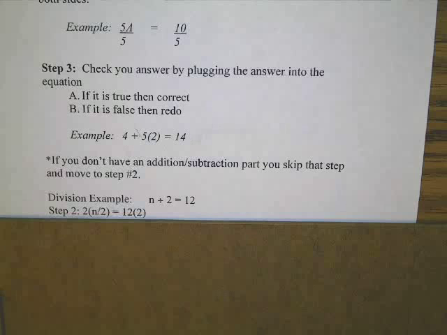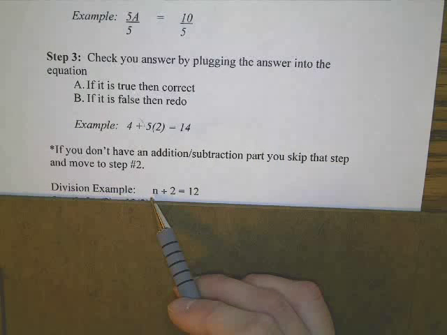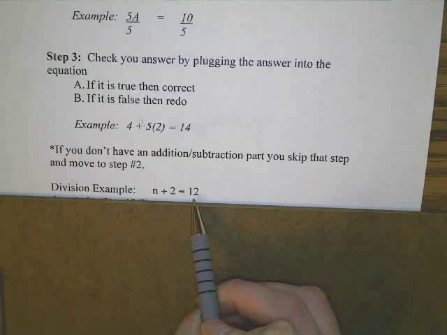So 12 times 2 is? Sam, what's your question? Why can't you just times 2 by 12? You are timesing 2 by 12, but if you don't do this step, you don't remove the 2 on this side. When you take this number and multiply it by 2, you get n. And then you multiply 12 by 2, you get 24. So if you do it to one side, you have to do it to the other.